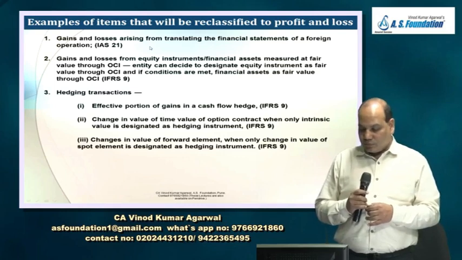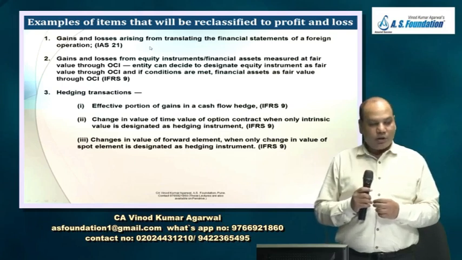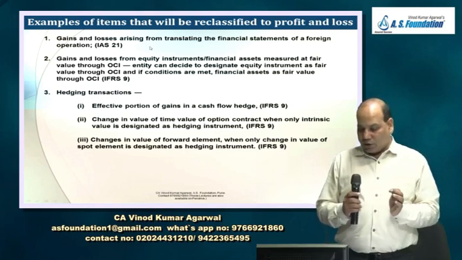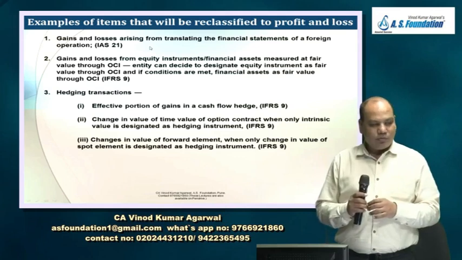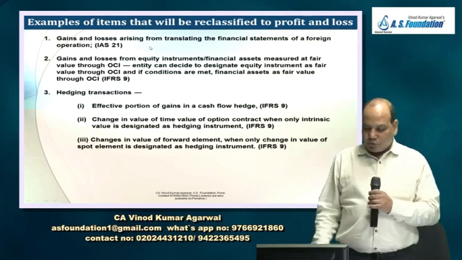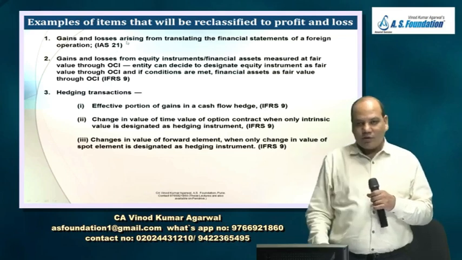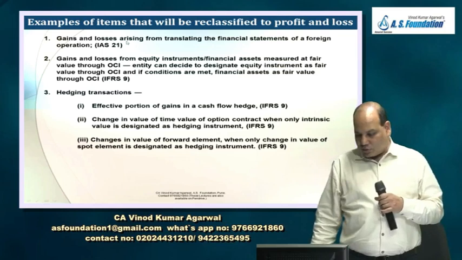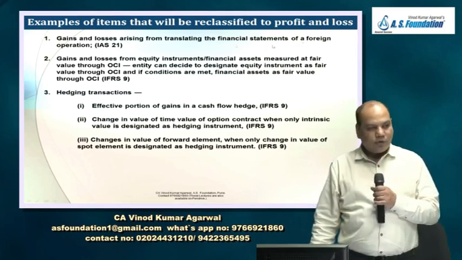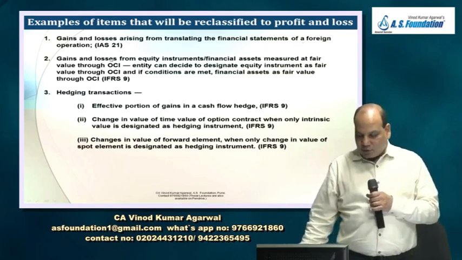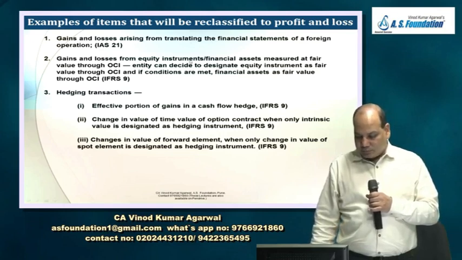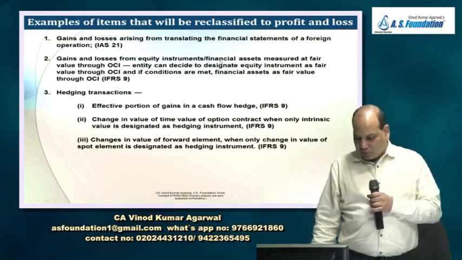So point number 1, gain or loss arising from translating the financial statement of a foreign operation. I have written the standard number also for easy reference, so that when you go to that standard, you will remember, yes, this was mentioned in IAS 1 also. Gains and losses from equity instrument, financial assets measured at fair value through OCI.